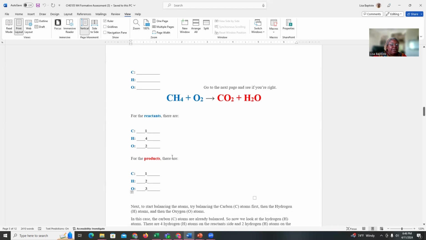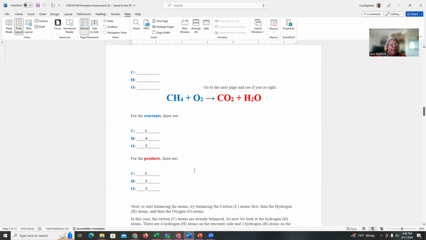The next thing we want to know is: is this reaction as it's written balanced? If the numbers on one side are the same as the numbers on the other, so carbon's the same, hydrogen's the same, and oxygen's the same, they all have to be the same in order for the reaction to balance. If at least one element is not balanced, that means the entire reaction is not balanced.